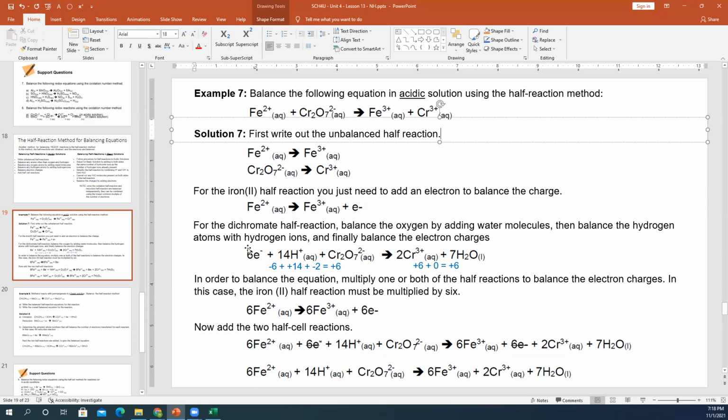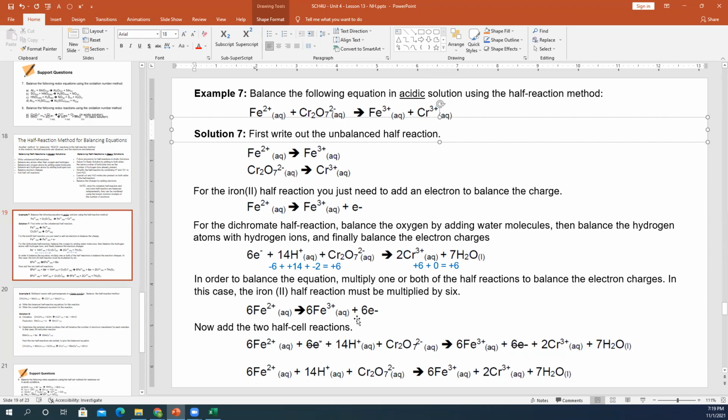Okay, and if we add up our 6 electrons, our -6 and a +14 charge, and our -2 charge here, we end up with a +6 charge on this side overall. And on this side, this one is 2 times +3, so we have +6, plus for the H2O, it's 0. So it would be +6. So now we see that our charges are balanced by adding these 6 electrons here, this -6 here.